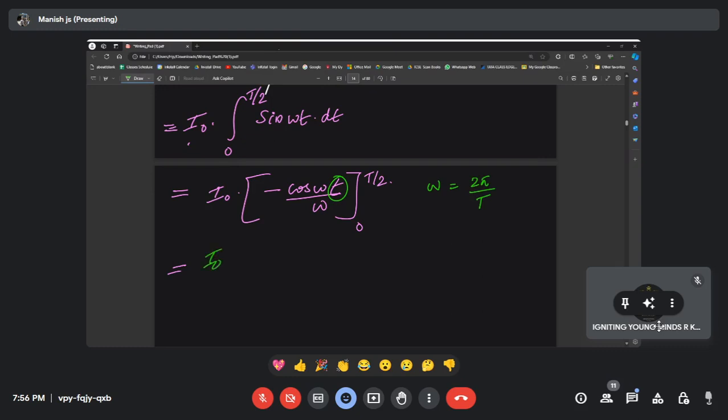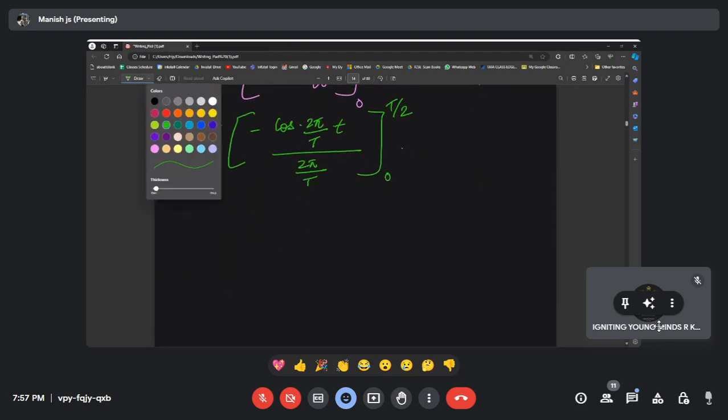So I naught times, within brackets, minus cos of 2 pi upon capital T into small t, divided by another omega, that is also 2 pi by T. Close the bracket. I am only substituting for omega in this step. The limits are from 0 to T by 2.